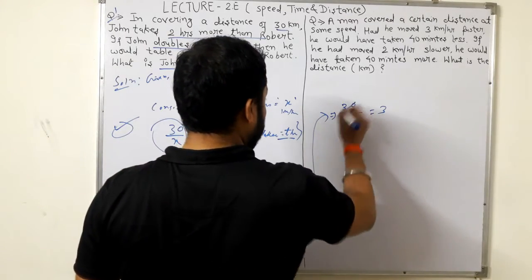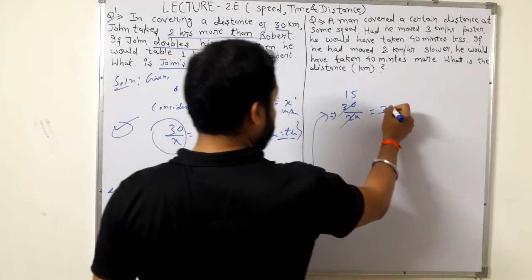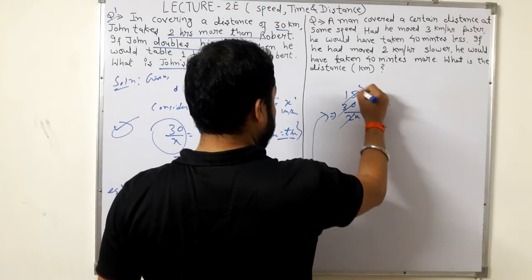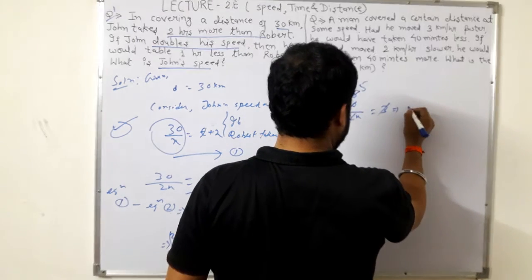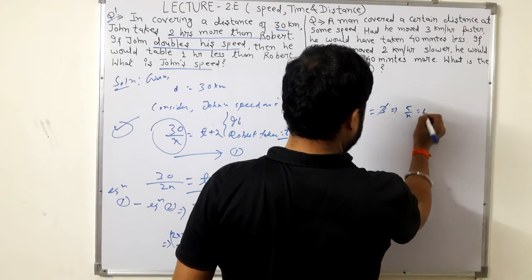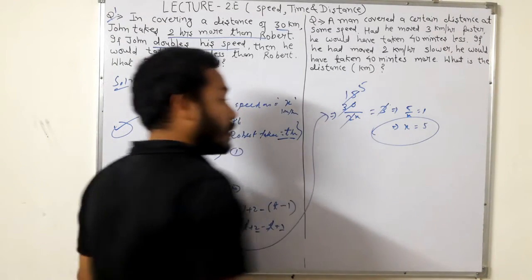Now 2 times 15 is 30, then 3 times 5 is 15. So ultimately we have 5 by x is equal to 1, that is x is equal to 5. That is what the question is asking.